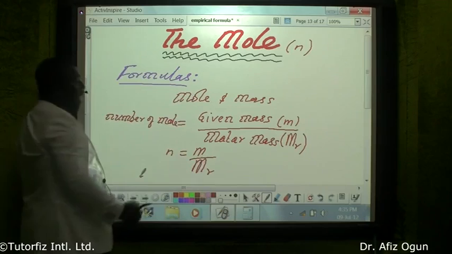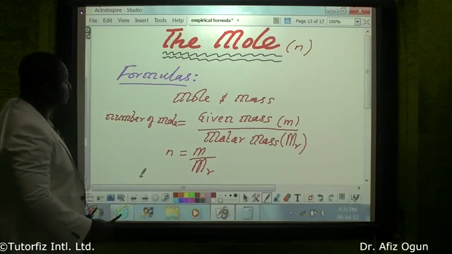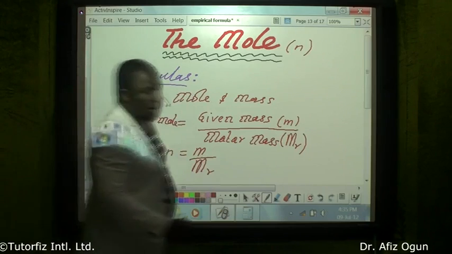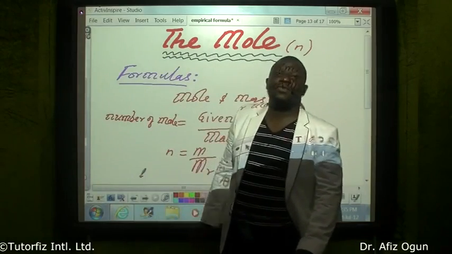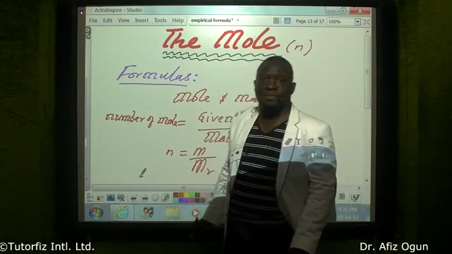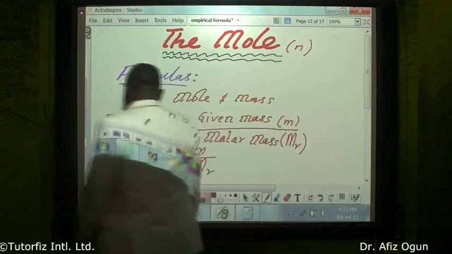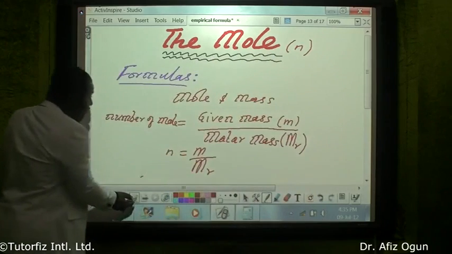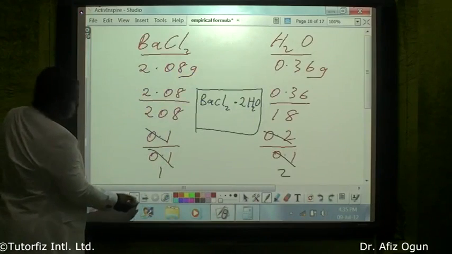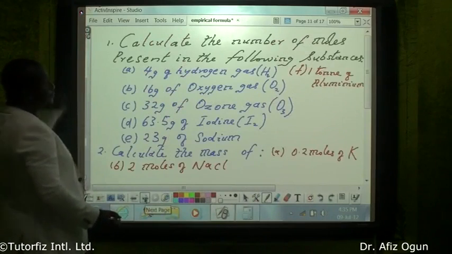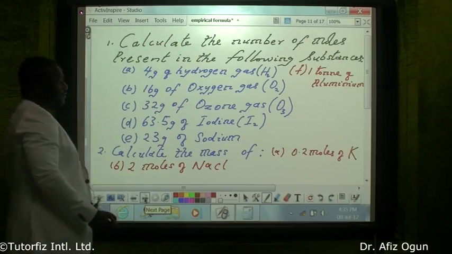Now, I am going to give you some examples. I have already selected some questions for you, and I've written them on the board before we start the class. So let us go back to my page 11.